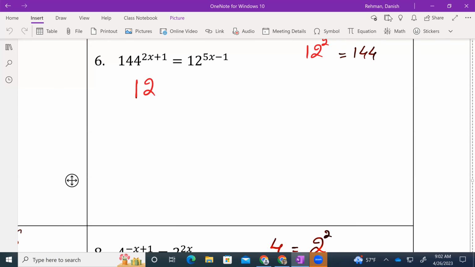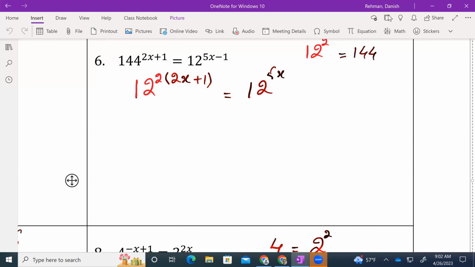And then, because the exponents will always be multiplied, we need to look at this in this view: 144 replaced by 12 squared, and then that is equal to 12 raised to power 5x minus 1.